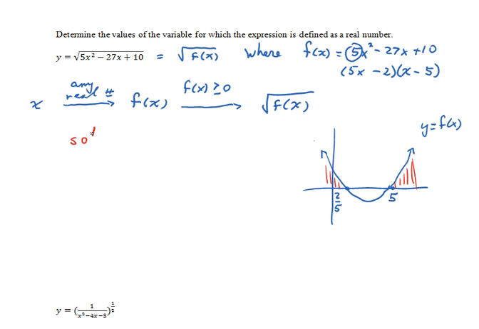So the solution this time is the interval negative infinity to 2/5, including 2/5, union the interval from 5 to infinity, including 5. Values in this union will produce values of f of x for which we can take the square root.